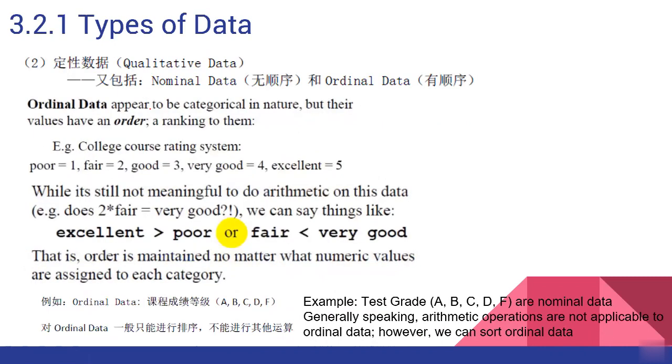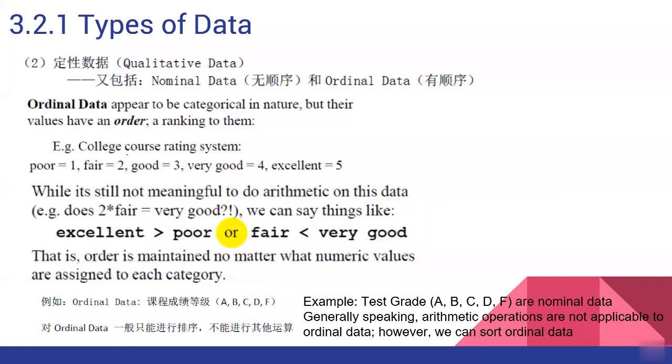Okay. The other type of qualitative data is called ordinal data. Ordinal data appears to be categorical in nature, but their values have an order, a ranking to them. Okay, what does that mean? I'll give you an example.